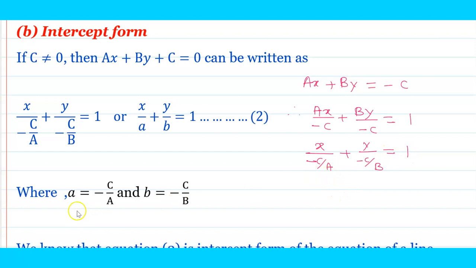And therefore, the small a indicates minus c upon a and the small b indicates minus c upon b, and therefore the intercept form, which is also nothing but the double intercept form, x upon a plus y upon b is equal to 1. This is the intercept form.